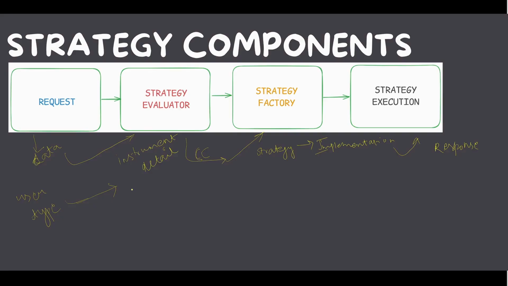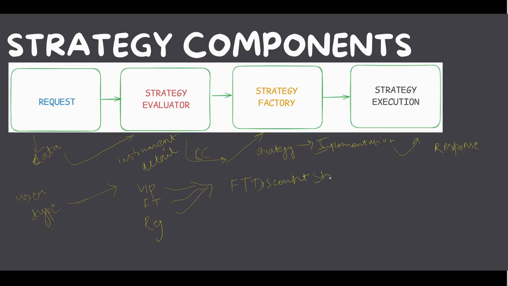Now, based on this user type, our strategy evaluator decides one of the given strategies, that is VIP, first time or regular user. And now this data is supplied to the factory that we saw, that switch case implementation, and it will simply give the implementation. Like if it's a first time user, it will give the first time discount strategy implementation.